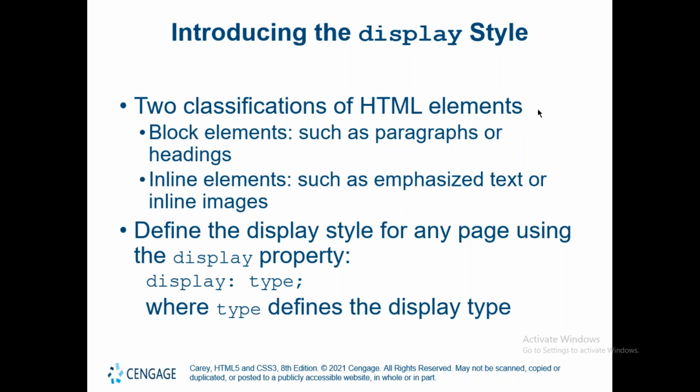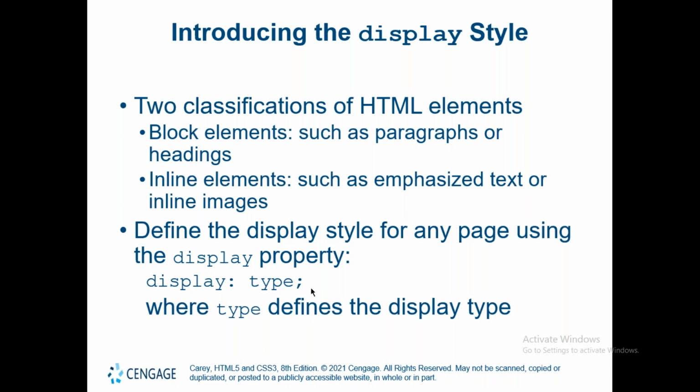To define the display style, so which way we want this to display for any page, we use the display property. And the syntax for that is here for our CSS, right? Much like the properties that we've been working with, where you have the element and then the colon, and then you further define it with the type and then the semicolon.